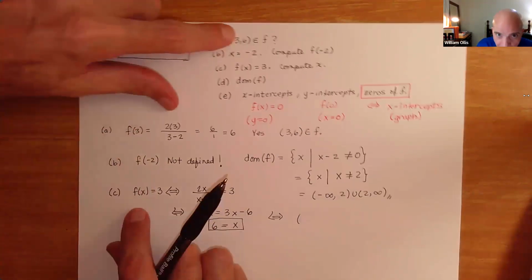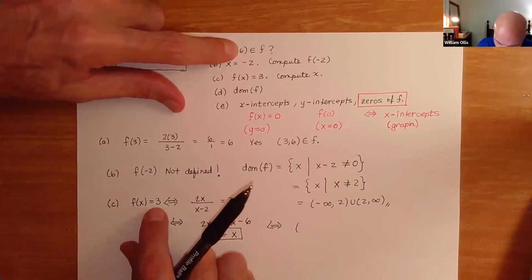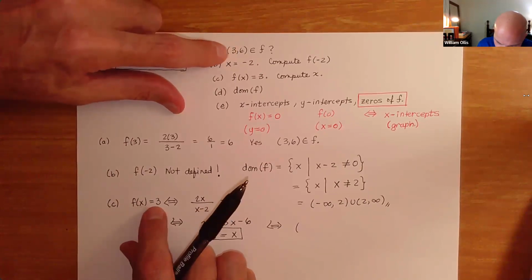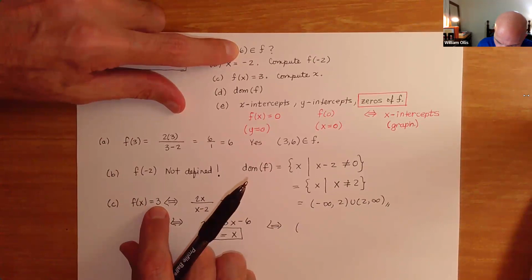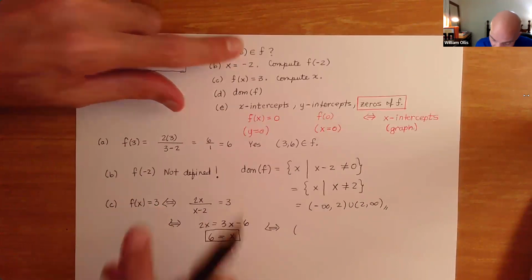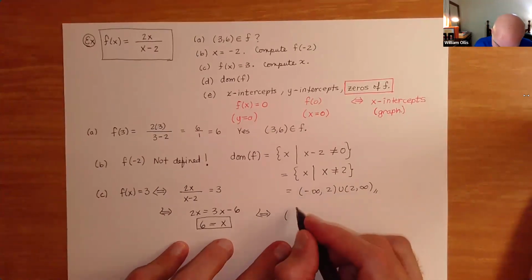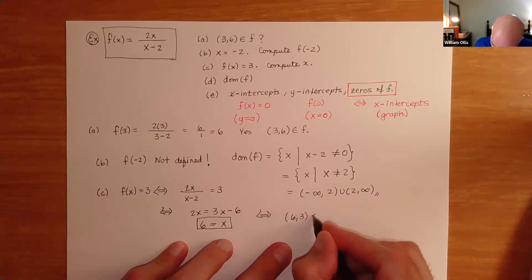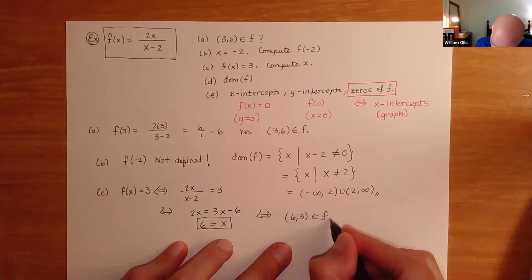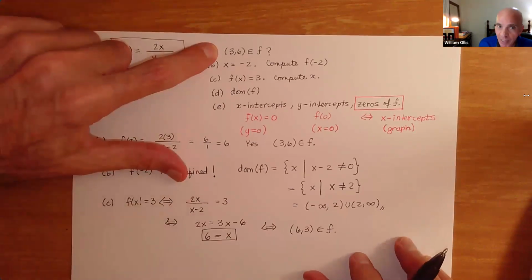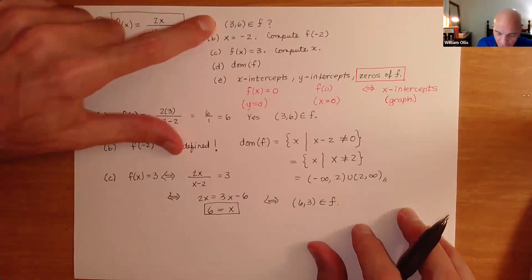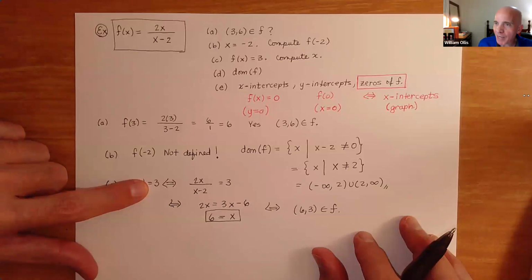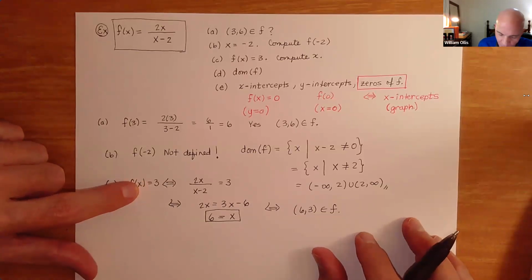Notice here, and this is interesting how the problem's set up, instead of the x here, we see that the new value of 3 here, or y, is 3, and that's different here. So it is actually a different problem. So now what do we get? We say 6, 3 is an element of f, which is actually the flip of the coordinates that we have in A. So that's kind of a play on the parts here by the author.